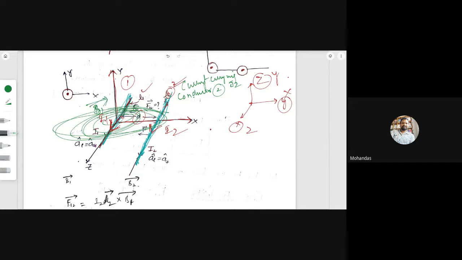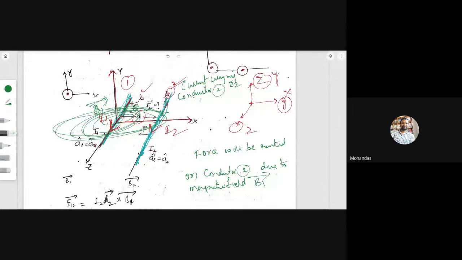According to Lorentz force law, what will be produced in this conductor 2? Force will be exerted on conductor 2 due to magnetic field B1.